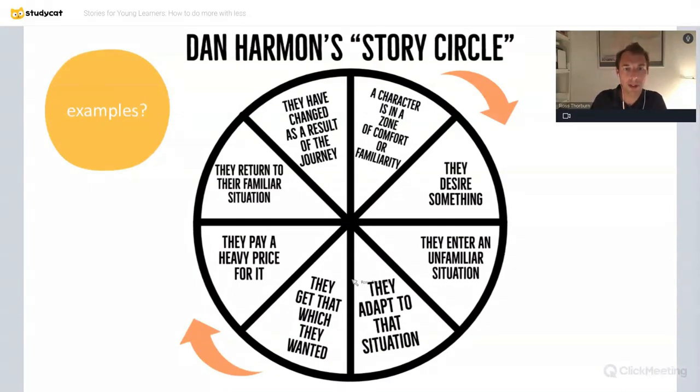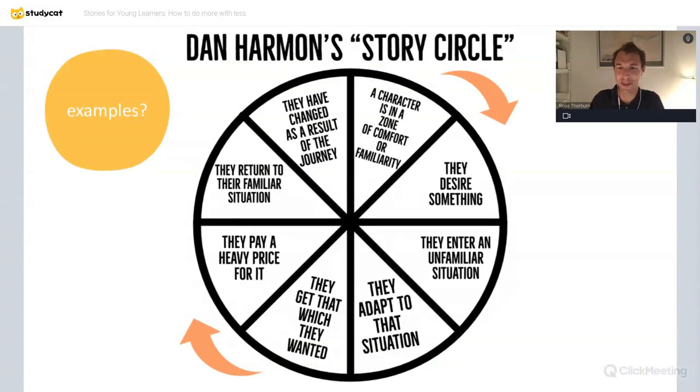And they get the thing that they wanted. So this is maybe like the conflict that someone mentioned earlier. And then they finally pay a heavy price for it. So they get what they wanted, but somehow it's changed them. And they go back to their familiar situation, and they realize that they've changed.